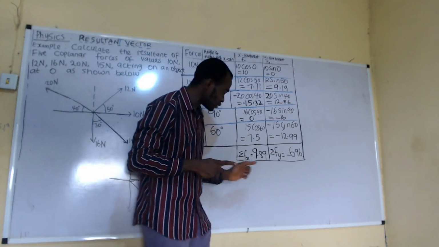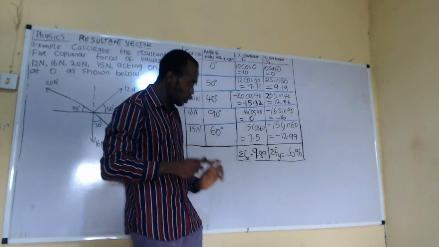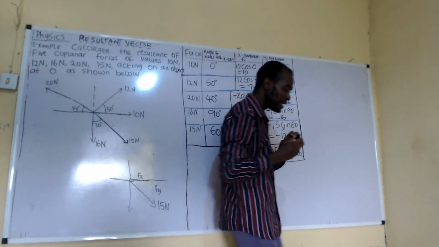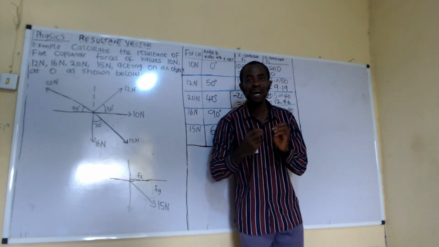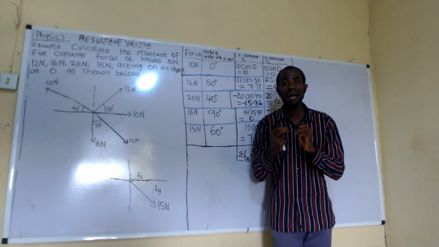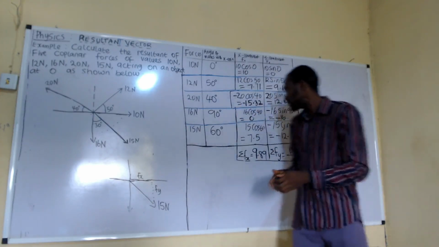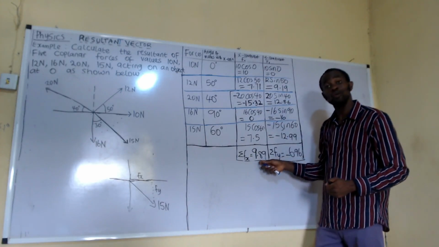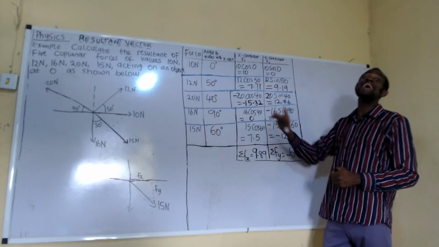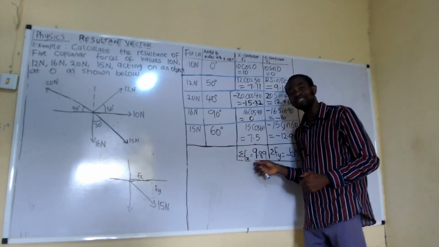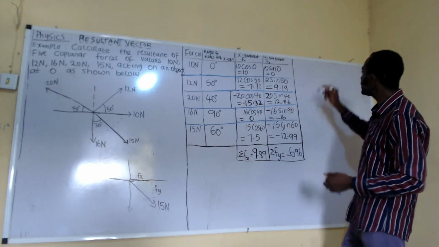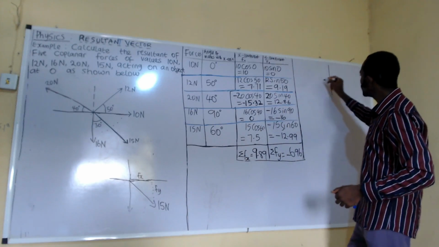But to do that, we have to represent this on a diagram so that we can get a clear picture of how to sum it up and how to get its angle correctly. Now if you look at this, it's on the s-axis because it's an s component vector and it is positive. Definitely it will be something of this nature.